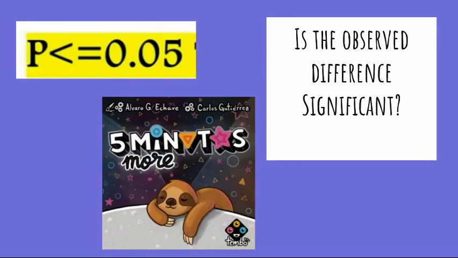If it's a half a pound, then I have to think about the practical significance and say, is it worth the stomach aches or the side effects from this drug for a half a pound over a 3-month period? So we want to make sure that we are evaluating, yes, is it statistically significant, but then what is that effect size? How much significant difference do we see between those two groups?